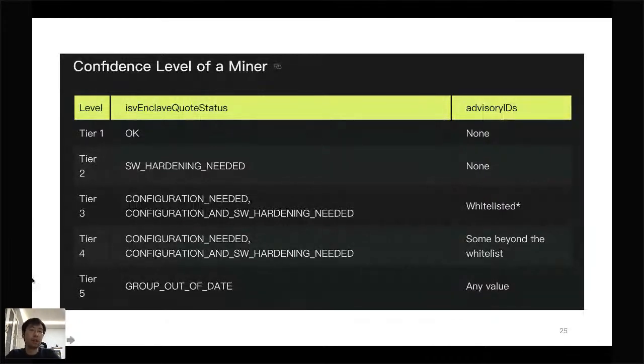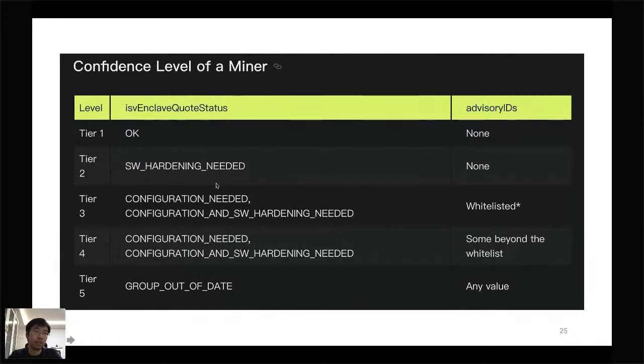And how do we determine the confidential level of the miner? We just get the results from Intel, because during your remote attestation process, Intel will report the vulnerability status of your CPU model, and there are different statuses, for example, software hardening needed, and others.